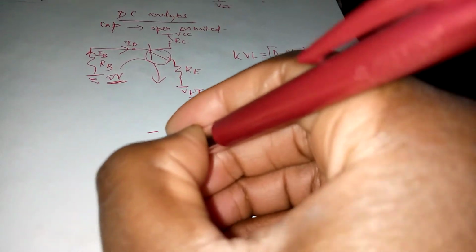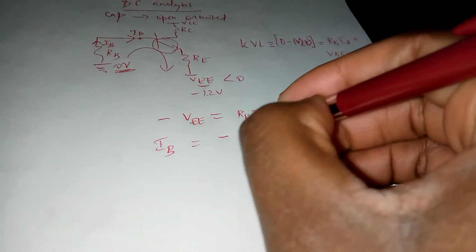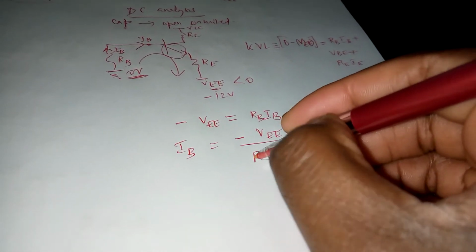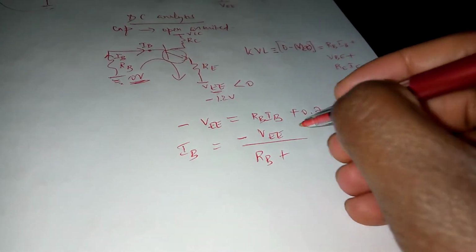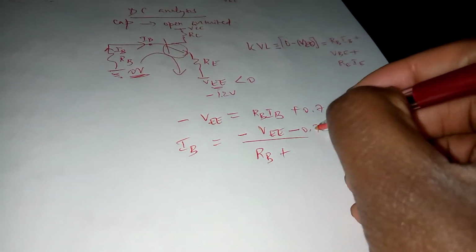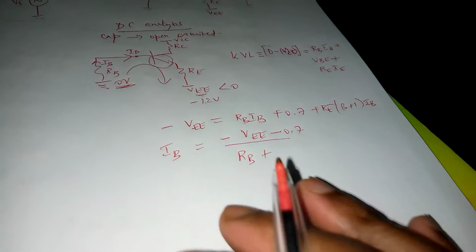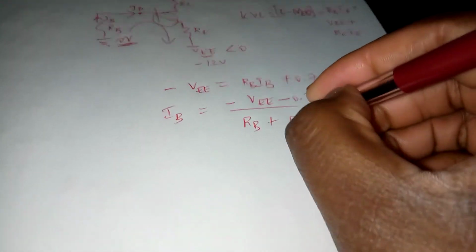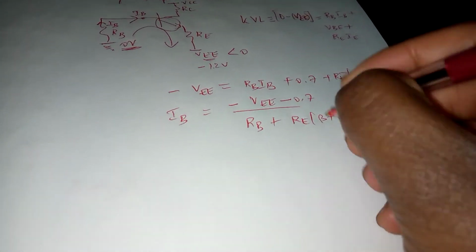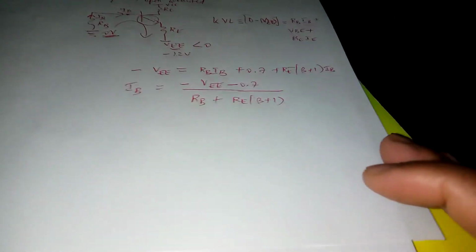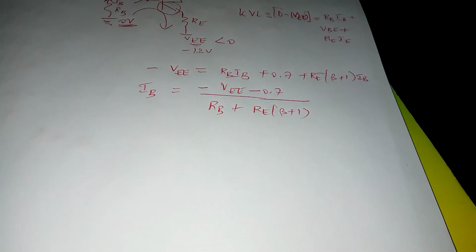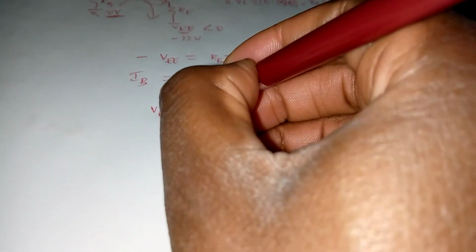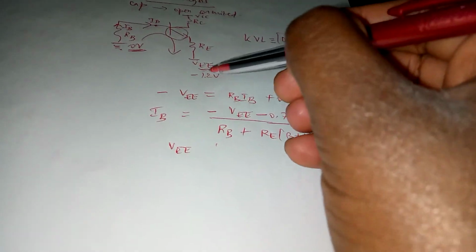So IB equals minus VEE minus 0.7 divided by RB plus RE times beta plus 1. Right. But now remember, VEE, as we've established for the EBJ junction to be forward biased, must be a negative value.